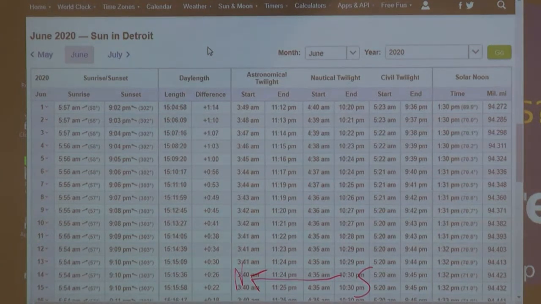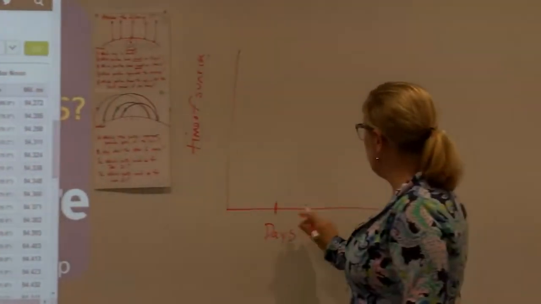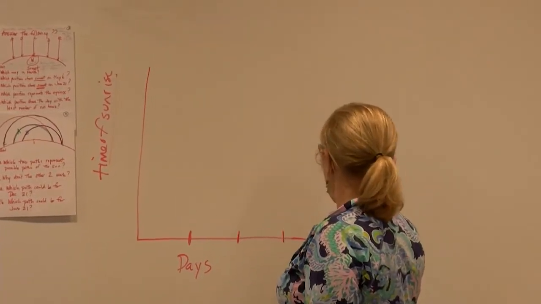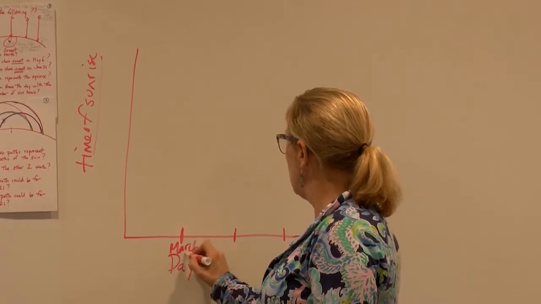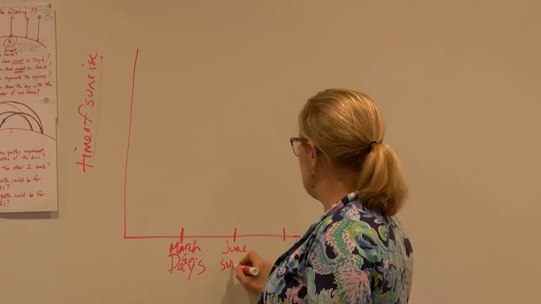Okay? So graph 2 now, for graph 2, you're going to do a general graph. Graph 1, you did data for the days I gave you. It was just a few days in January and February. Graph 2, you are going to do the March equinox. You're going to do June, the summer solstice.